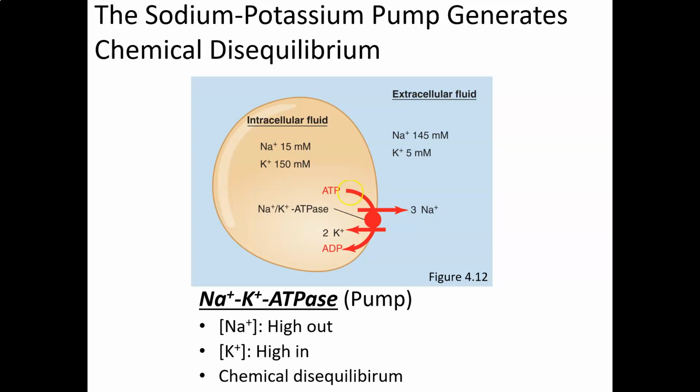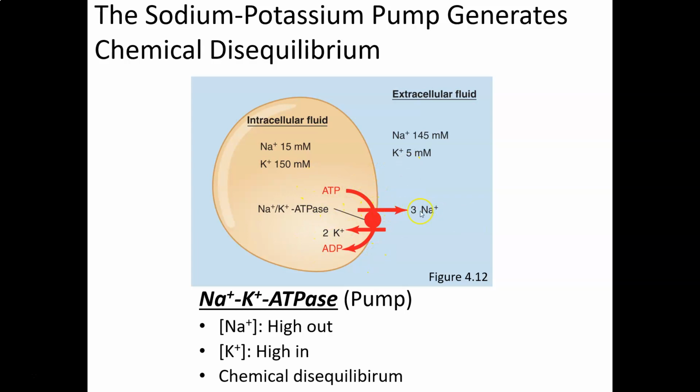And those chemical differences, the difference in the concentrations, come from the sodium-potassium pump. Remember, we talked about primary active transporters before. We're looking at the sodium-potassium ATPase, sometimes known as the sodium-potassium pump. It's the primary active transporter located within the cell membrane that directly uses ATP.